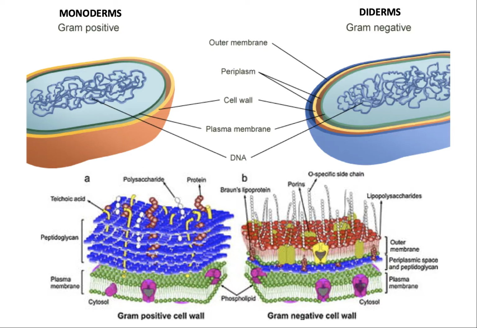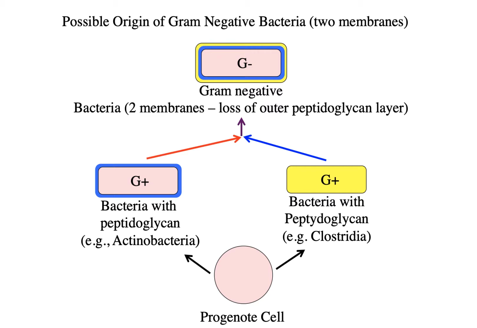An analysis a few years ago, a phylogenetic analysis, was performed to look at what the two possible organisms were that produced these gram-negative bacteria. And by looking at certain genes and how the genes must have come together, and then statistically analyzing what the best possibilities were, they came out with an actinobacterium, which is a gram-positive bacterium, joining together with a Clostridia, which is in the Firmicutes, to produce the diderms.